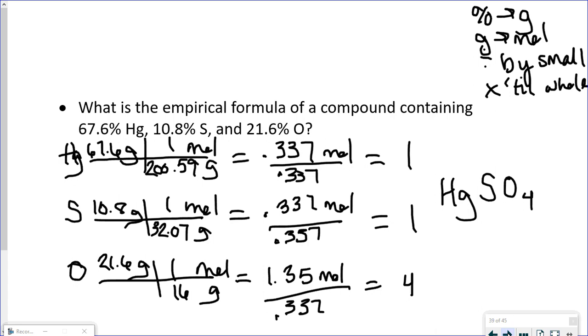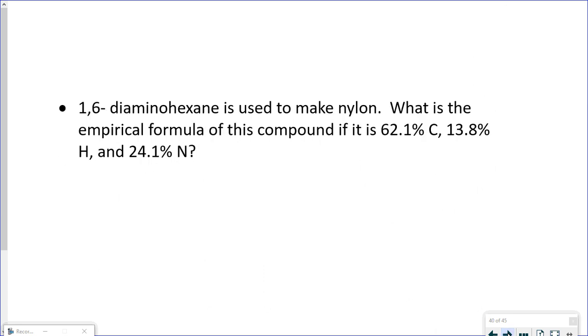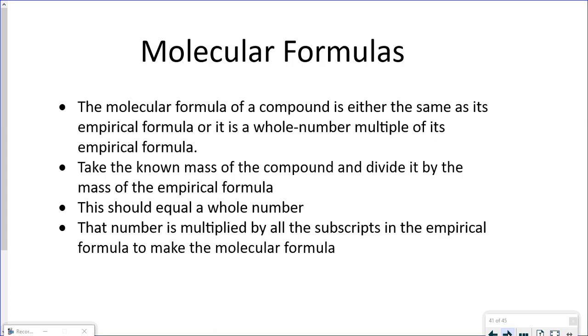Let's move on to molecular formulas. These are going to be a little bit easier. So the molecular formula of a compound, it can be the same as the empirical formula. That is possible. Or it can be a whole number multiple of the empirical formula. So these do not have to be reduced like empirical formulas need to be.